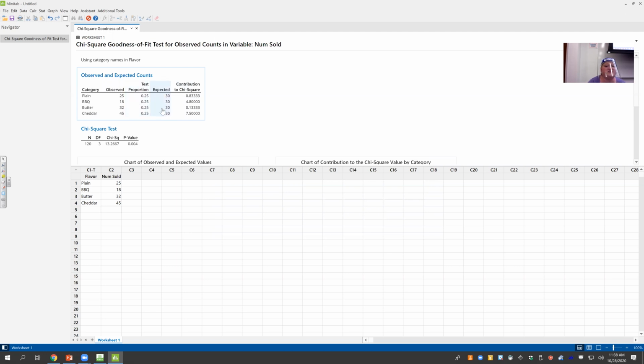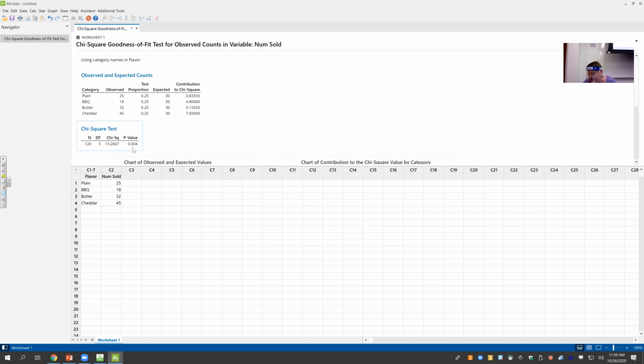It gives you your expected, and then it gives you your contribution to chi-square, which you don't really need. What you ultimately need, under the header chi-square test, is chi-square, which is 13.2667, and the p-value is 0.004. So that's what I need to write down.